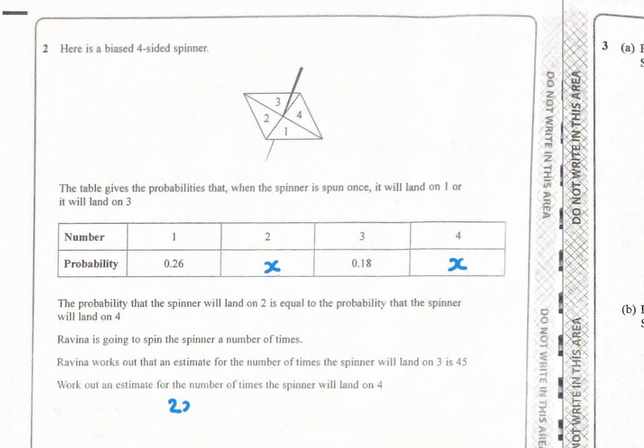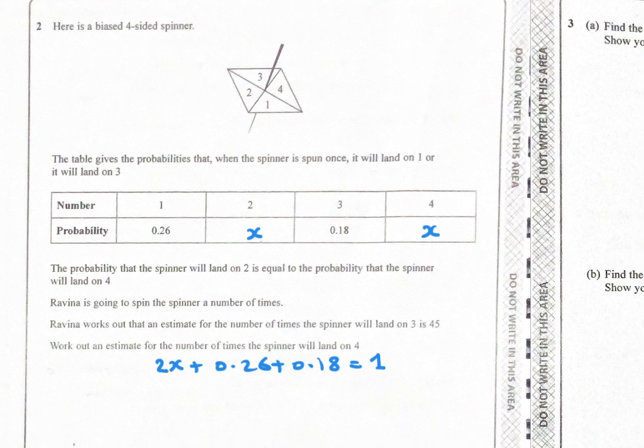So 2x plus 0.26 plus 0.18 equals 1. Then we can solve for x. So x equals 1 minus 0.26 minus 0.18, divided by 2, equals 0.28.